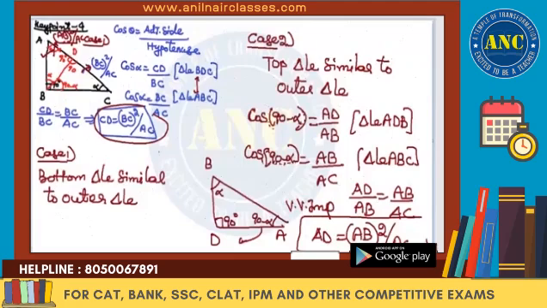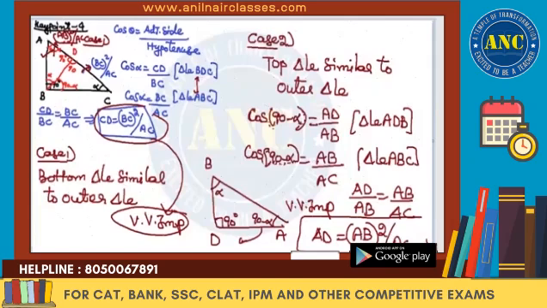Then I will put it in simple language so that it will be clear. CD is BC square by AC and AD is AB square by AC. The bottom triangle is similar to the total triangle, and the top triangle is similar to this one, right?